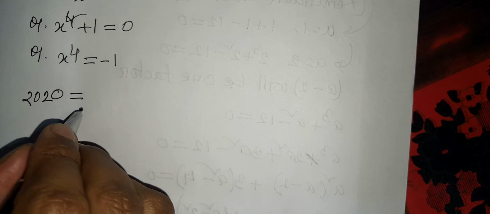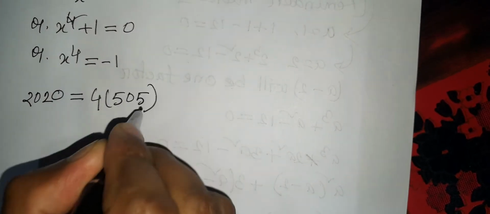Okay, now we use this to find out the value of this. Here 2021 is given. So 2020 we can write as 4 into 505.